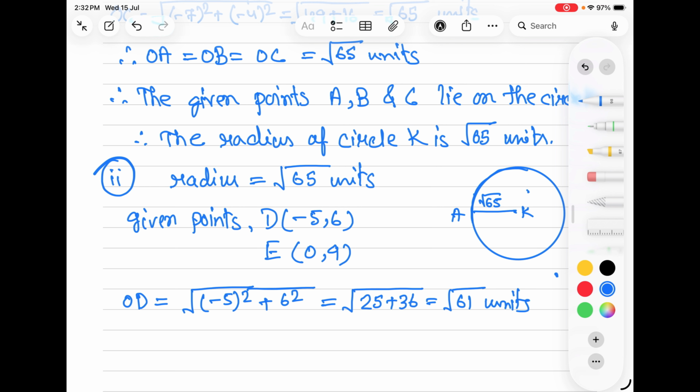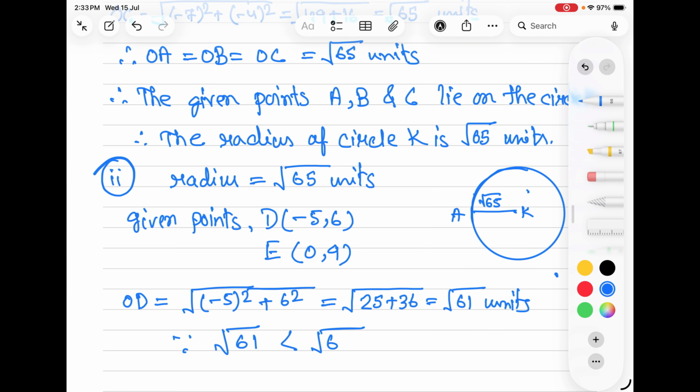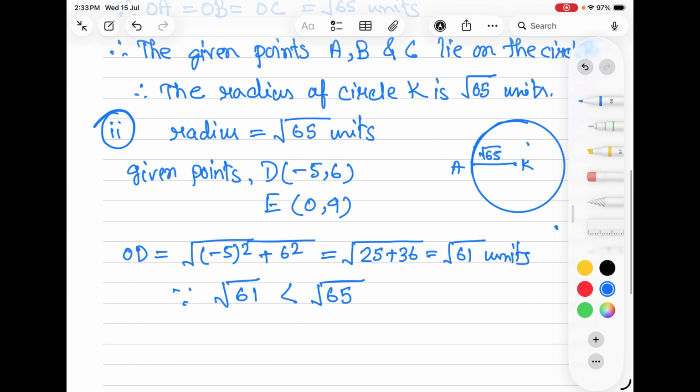See, the value of OD is square root of 61 and the radius of the circle is square root of 65. Now since square root of 61 is less than square root of 65, correct? So the given point D is lying within the circle. So D lies within the circle.